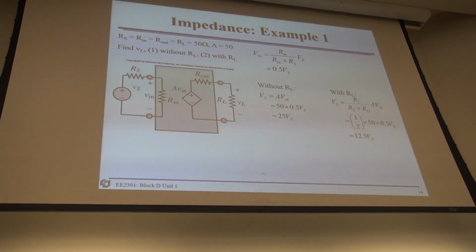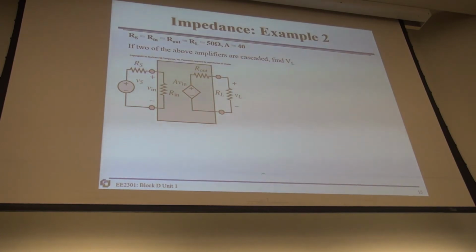So you got 12.5. This is not what we wanted. In the ideal case, we hope R out is 0 and R in is infinity, ideally.